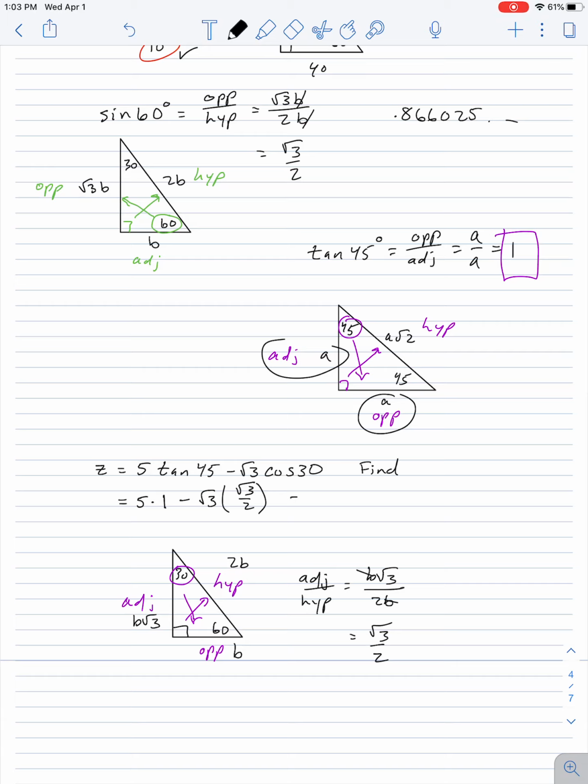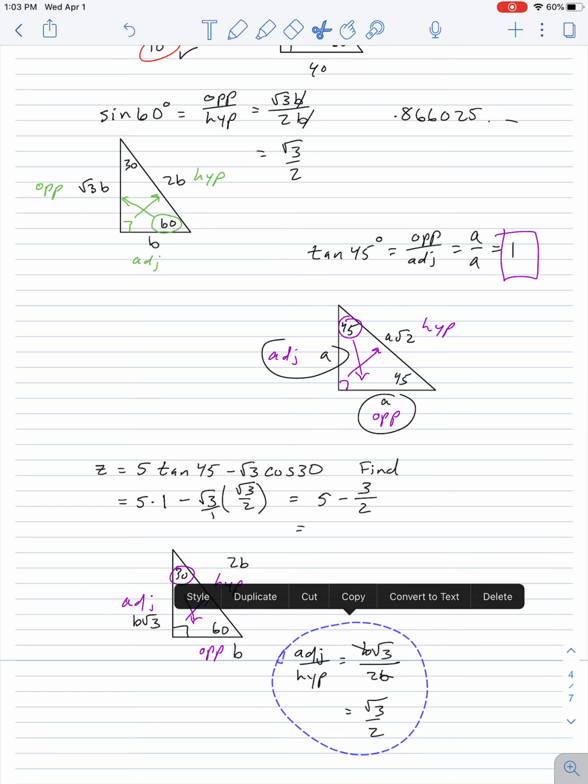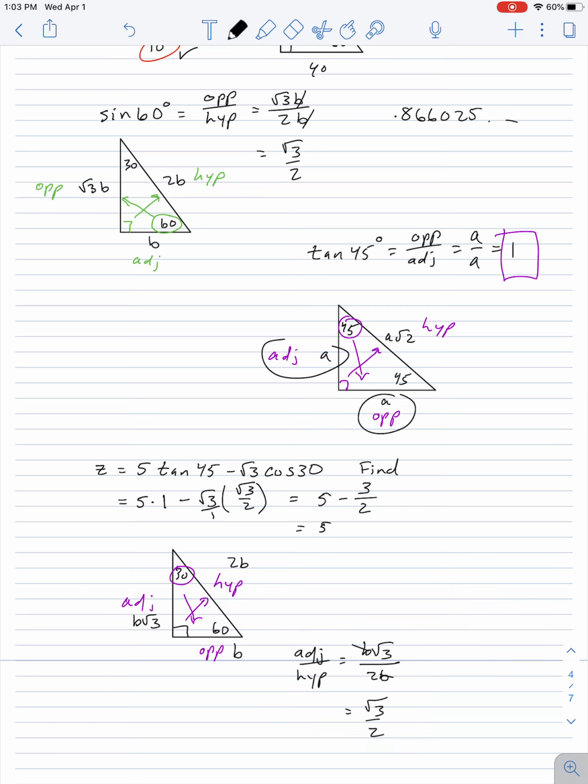And then you just do a little math, crank this out. So this is going to be 5, and then the root 3, this is root 3 over 1. So I'm going to multiply those fractions. The root 3 times root 3 is just 3 over 2. And 5 minus 3 halves. I'm running out of room here. Let me move this down a little bit. 5 over 1 minus 3 over 2.